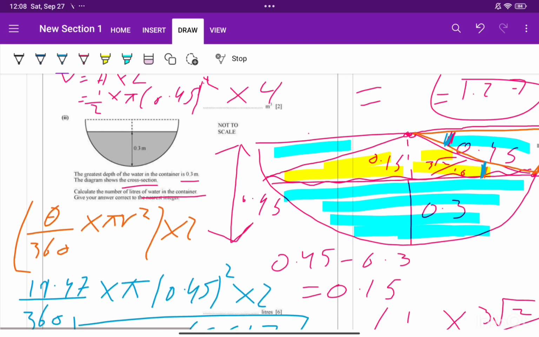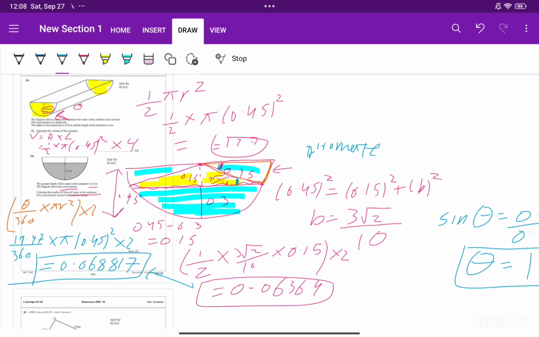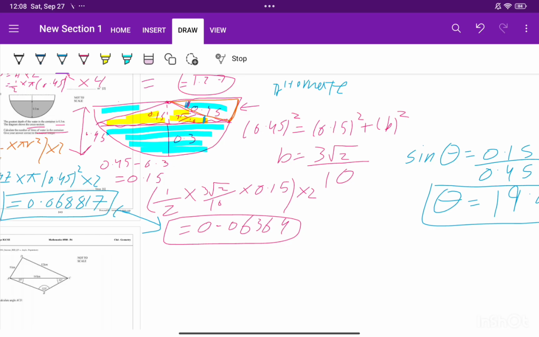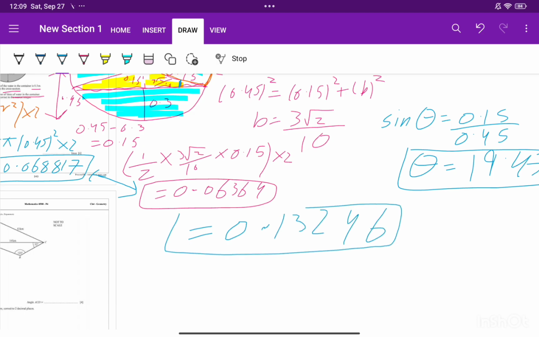Now we will add up both these areas so we can get the area of the unshaded region. So we will add these in the calculator. 0.13246. This is the area of the unshaded region.